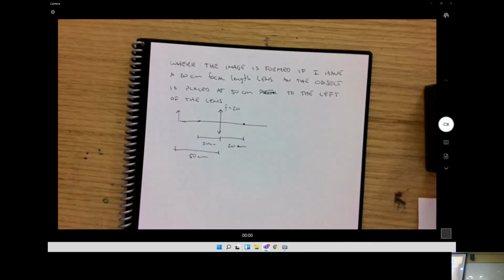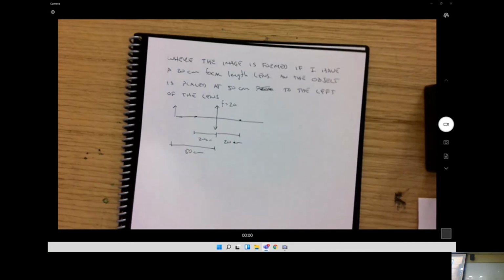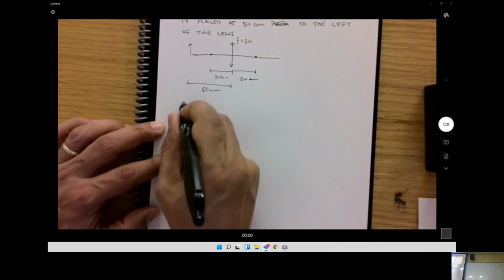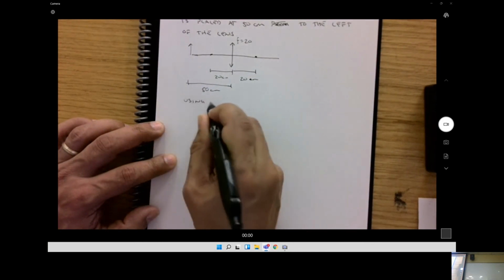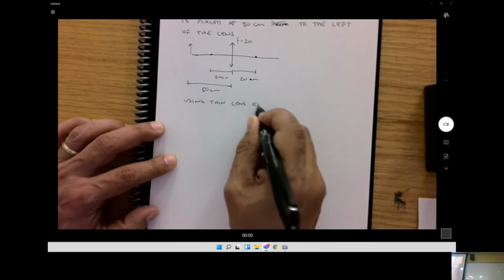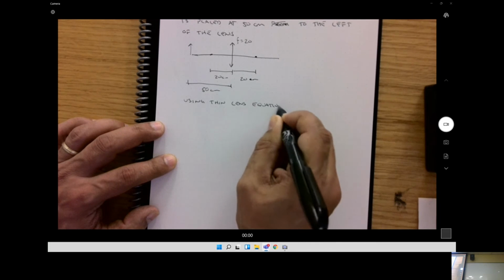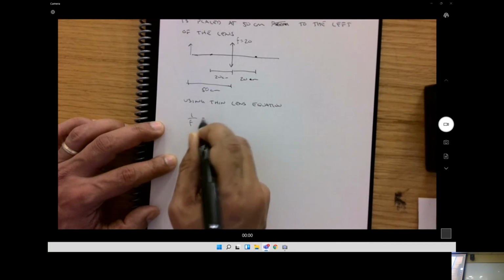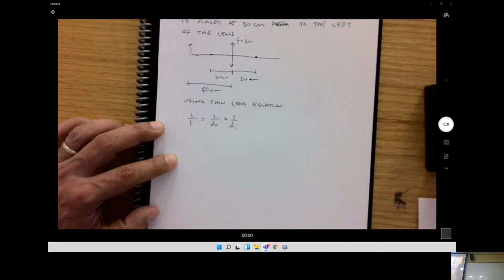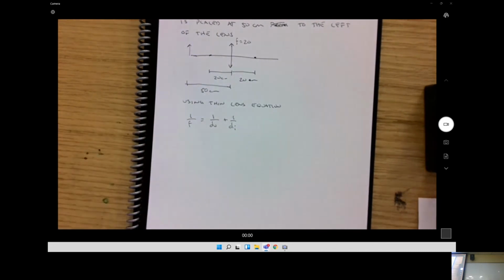I want to know where my image is formed. So I'm going to use the thin lens equation, and I want to solve for d sub I.